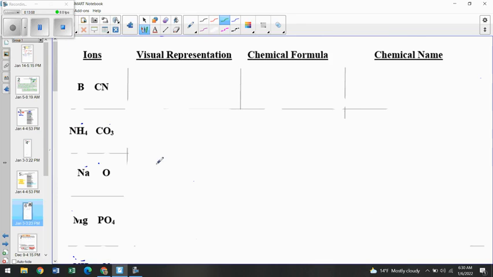So let's go ahead and do a few of these problems. Let's say we had the ions of B and Cn. We're going to figure out how this would look visually, then write the chemical formula, and lastly, name it. So the very first thing we have to do is find the charges of these guys. Well, B is just a single element on the periodic table.